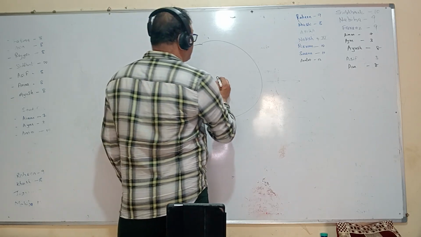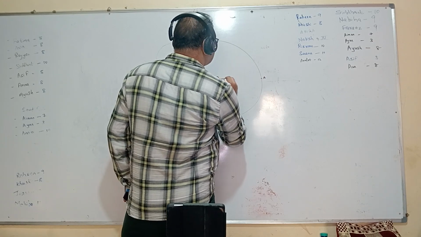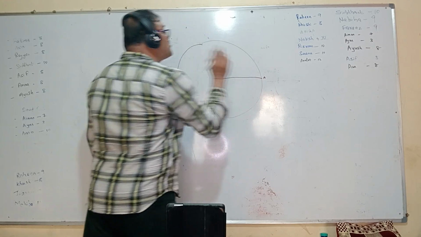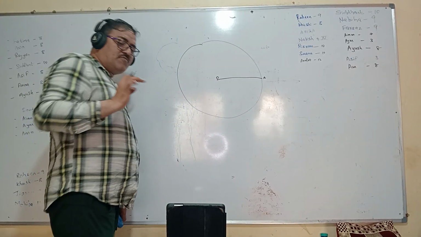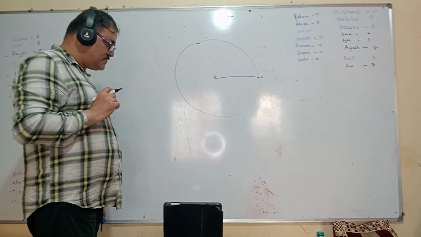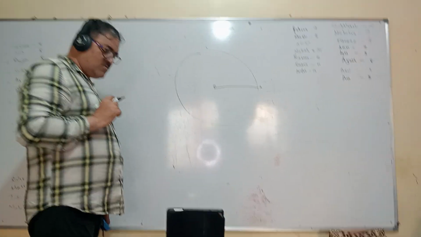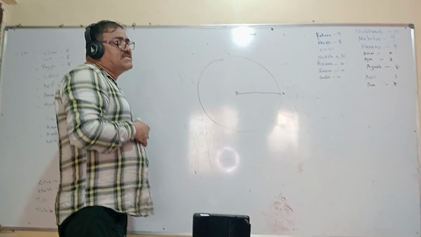This is the center. Now I take any point on the circle and join a line. This is the line joining the center of the circle to any point of the circle. The name of this segment is OA. What is OA? OA is the radius of the circle.